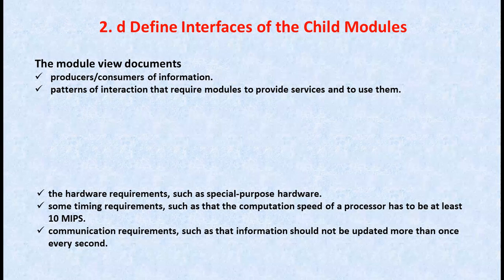Analyzing and documenting the decomposition in terms of structure, dynamics, and runtime uncovers the interaction assumptions for the child modules, which should be documented in this interface. So here the module view documents the producer-consumer of information or patterns of interactions that require modules to provide the services to use them.